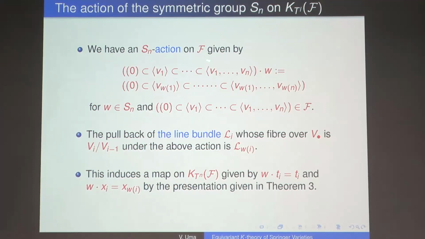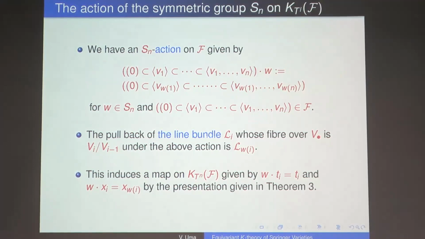So we will begin with giving an SN action on the flag variety, which we know. There is an action of W in SN. It just takes the flag to the permuted flag. We just permute the subscript, and then we get a full flag again. So this is the way SN acts.